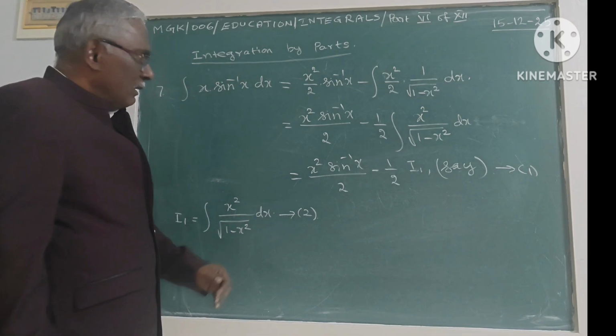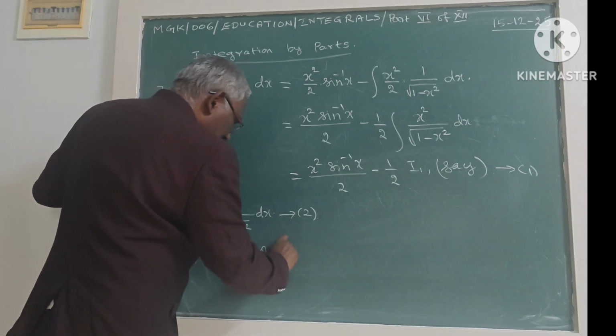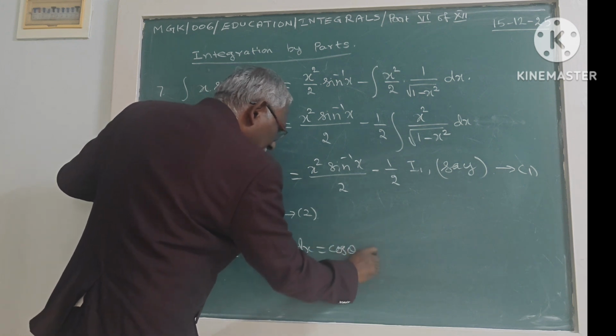Put x is sine theta. So this gives dx is cos theta d theta.